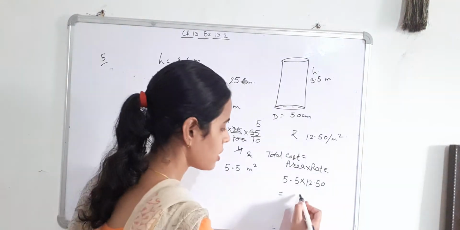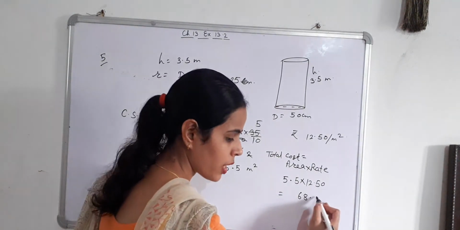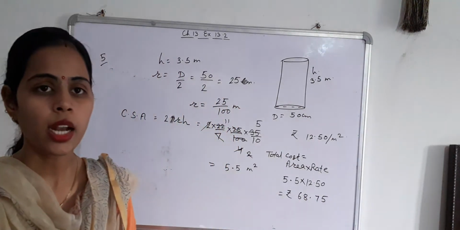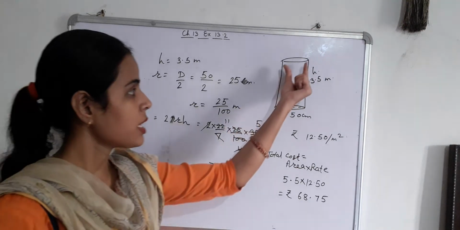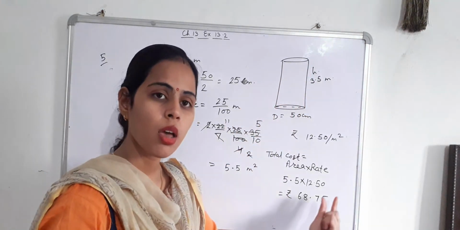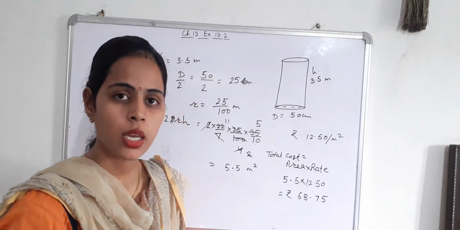After calculating these terms, 68.75 comes. So the total cost to paint its covered surface will be rupees 68.75. Question number 5 is complete.